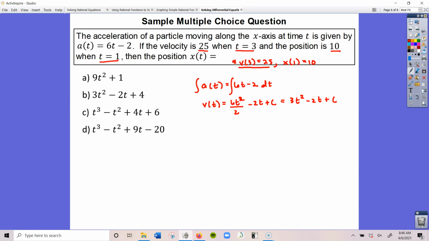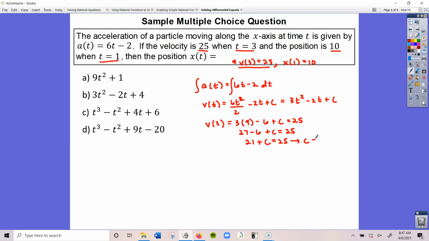So we have that v of 3 is equal to 25, so we can plug that in. So v of 3 is equal to 3 times 3 squared, which is 9, minus 2 times 3, which is 6, plus c, and this equals 25. 3 times 9 is 27, minus 6 plus c is equal to 25. 27 minus 6 is 21, plus c is equal to 25.